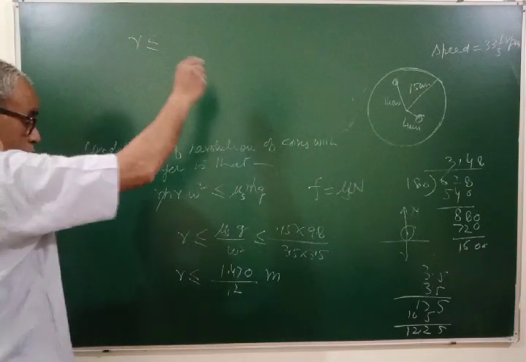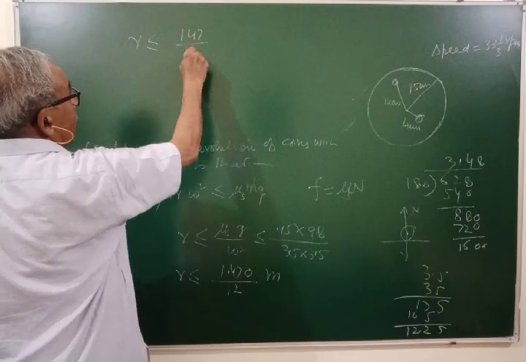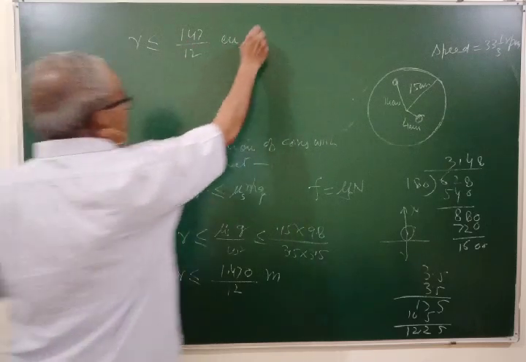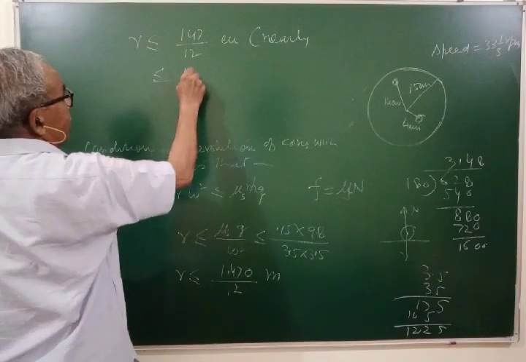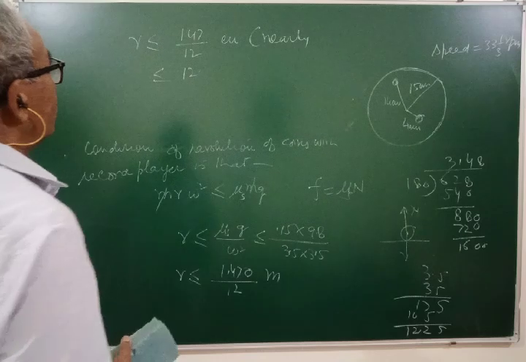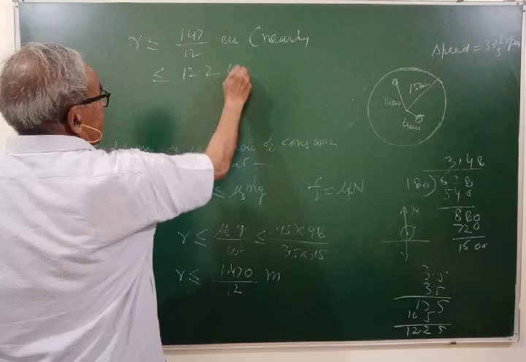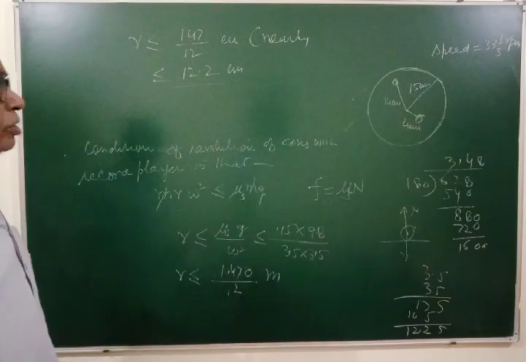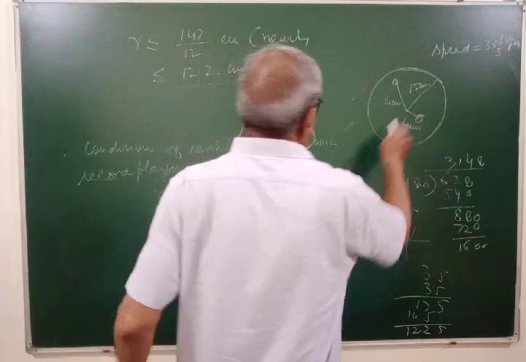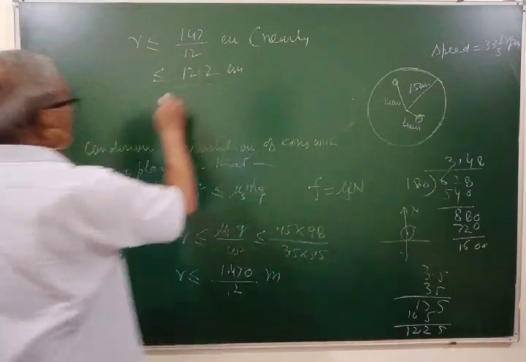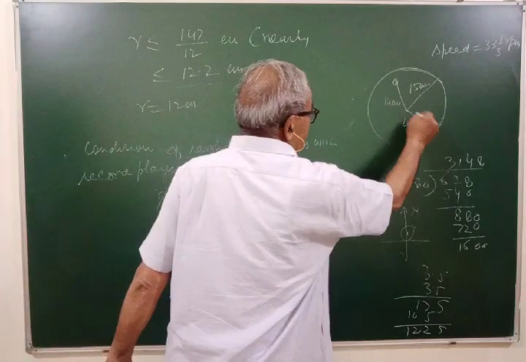R is less than or equal to 147 upon 12, nearly 12 centimeter. This is the radius condition for rotating: the radius should be less than or equal to 12 centimeter, which fits the coin placed at 4 centimeter.